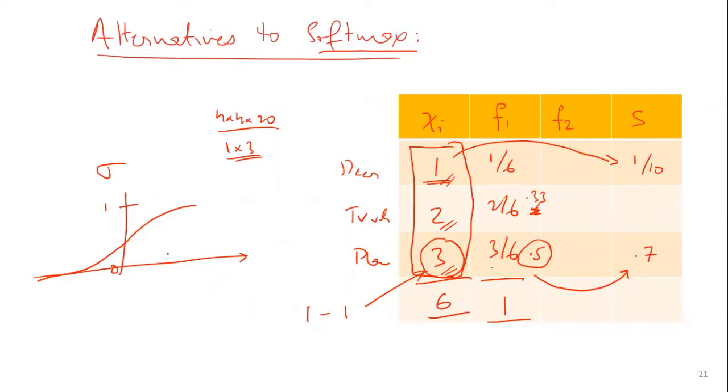And this goes from minus infinity to plus infinity, right? So this is x, and this is the output. For whatever value of x, what was the equation for sigmoid? Does anybody remember? 1 upon 1 plus e to the power minus x, okay?